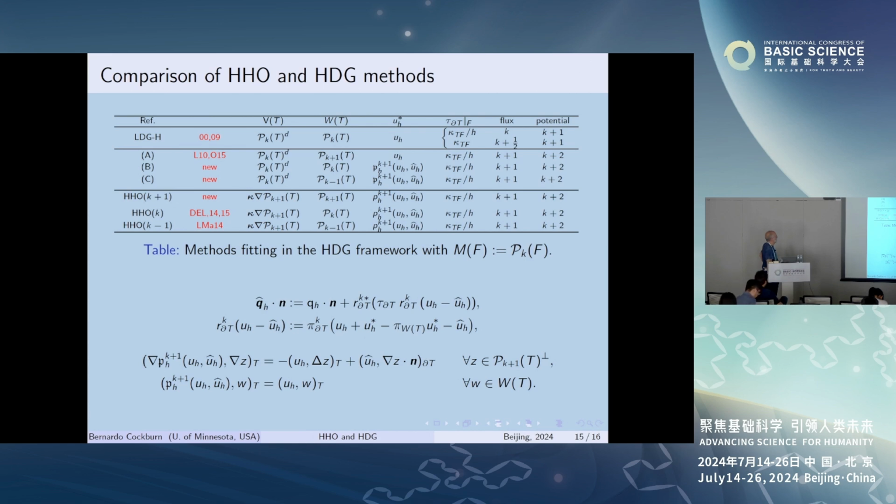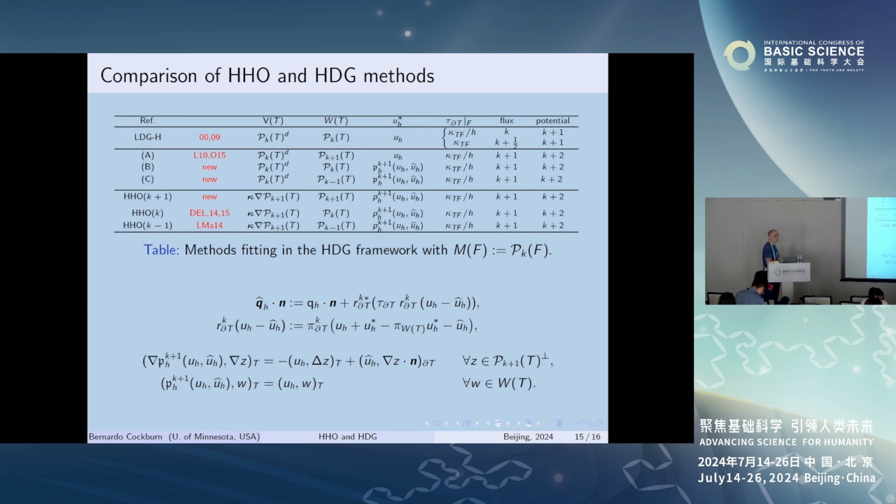So here we can reinterpret the scheme as taking the spaces Vt as kappa grad of Pk, and this is the Pk that we have used in there. And we can compare with the old method, the LDG, that has these two.